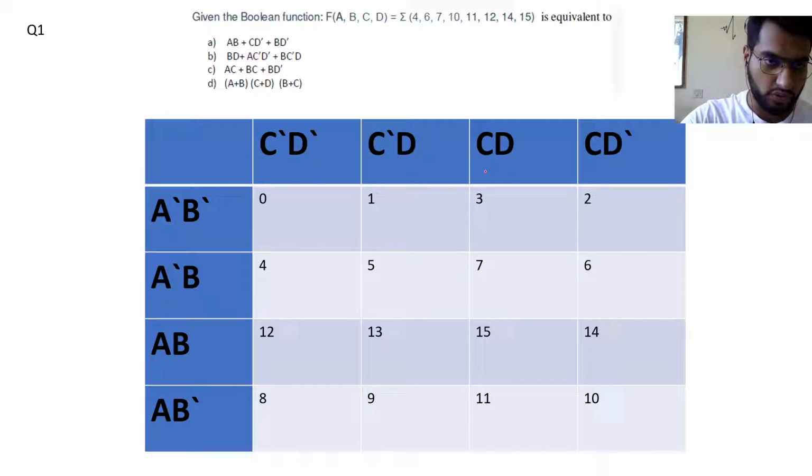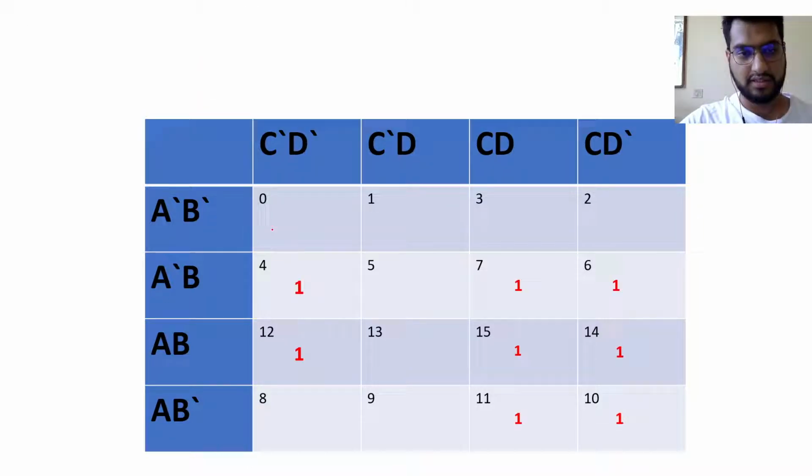This is a 4 by 4 variable K-map. And in the function, the minterms that are equal to 1 are 4, 6, 7, 10, 11, 12, 14, and 15. So we'll be just marking them 1 like this: 4, 6, 7, 12, 14, 15, 11, and 10. So this is a 4-variable K-map.